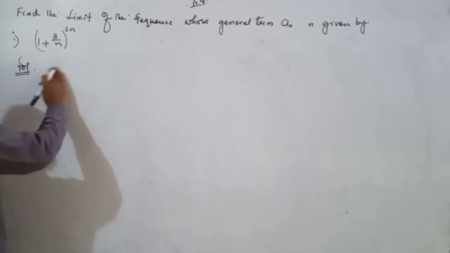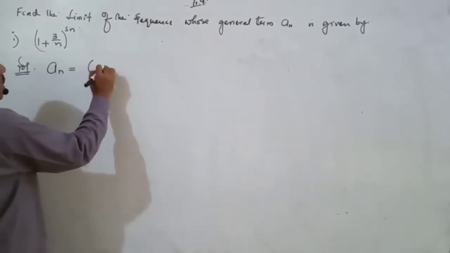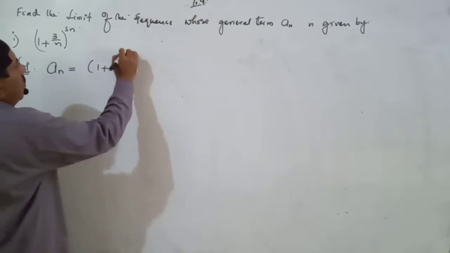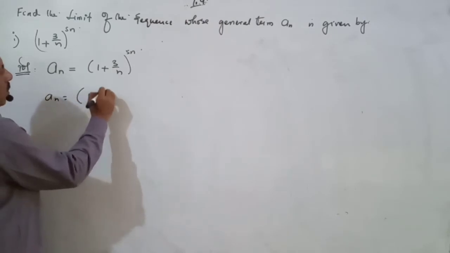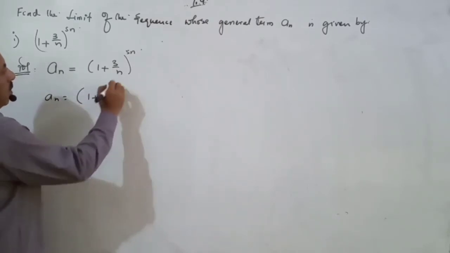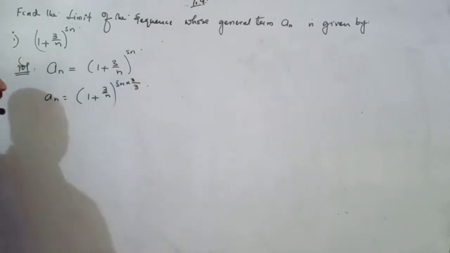As a n is given (1 plus 3 upon n) power 5n, so you have a knowledge. So this will be a n is equal to (1 plus 3 upon n) power 5n multiplied by 3, also divided by 3.